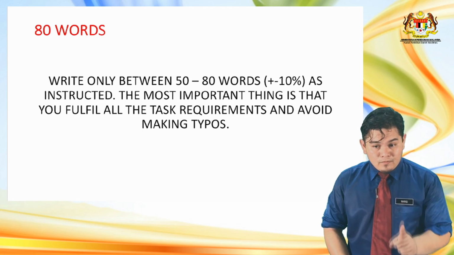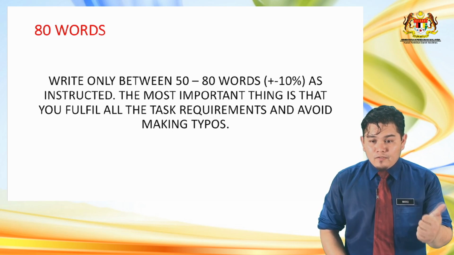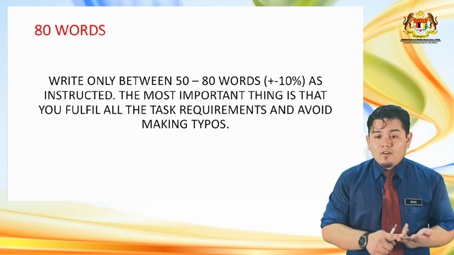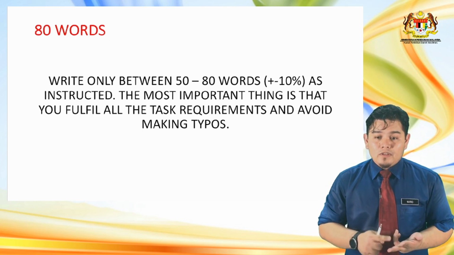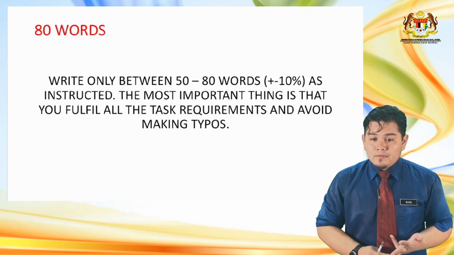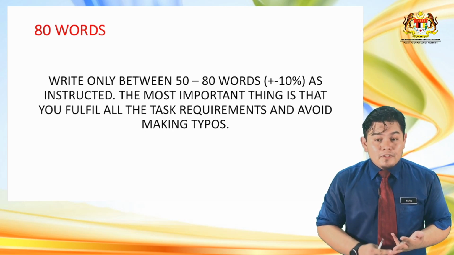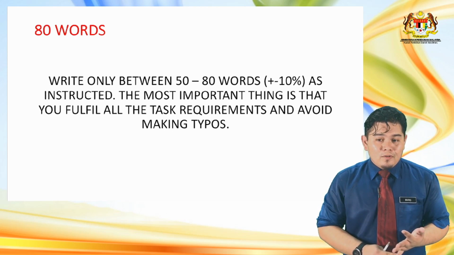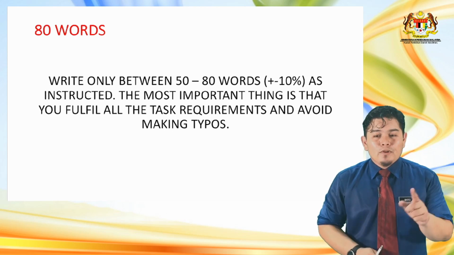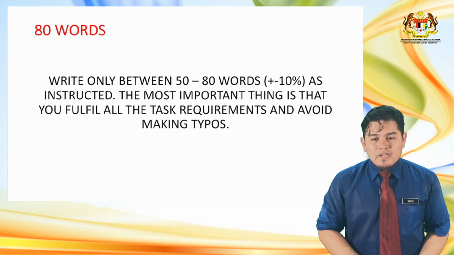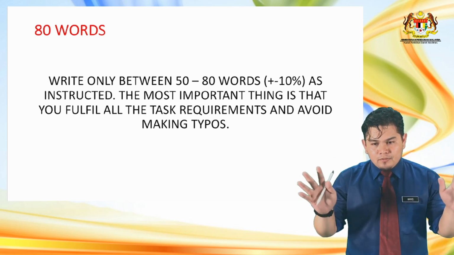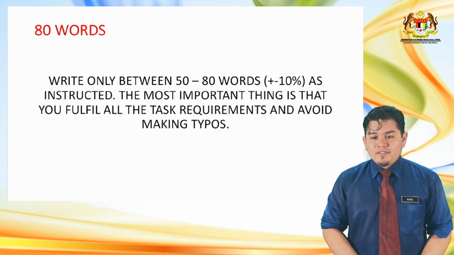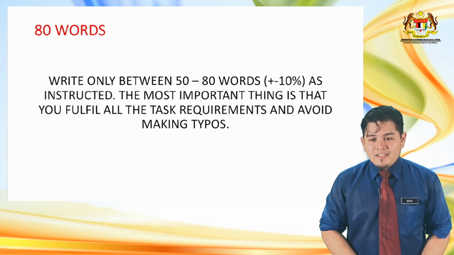So FWIP 80: F for format, W for whom, I for to inform or to invite. The first P would be for past tense or present tense. The second P would be for points, and the last one, 80, we are talking about 80 words. So with this FWIP 80, we are going to analyze the instructions given to you in section B2.